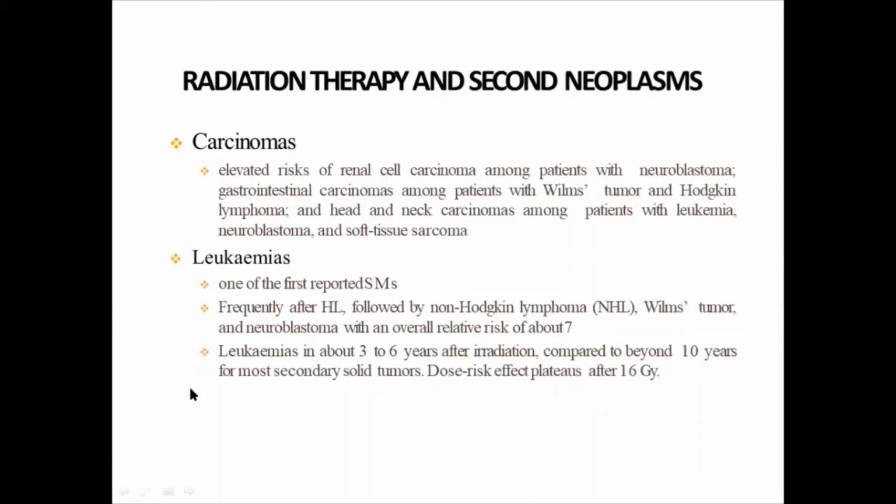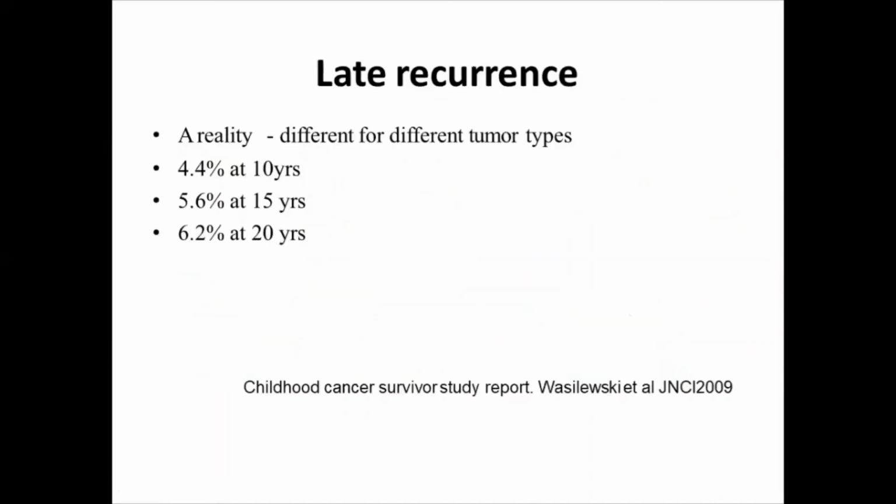They occur about 3 to 6 years after irradiation, compared to beyond 10 years for most secondary solid tumors. The dose-risk effect plateaus after 16 gray. So there is also an increased risk of late recurrence, as we see.